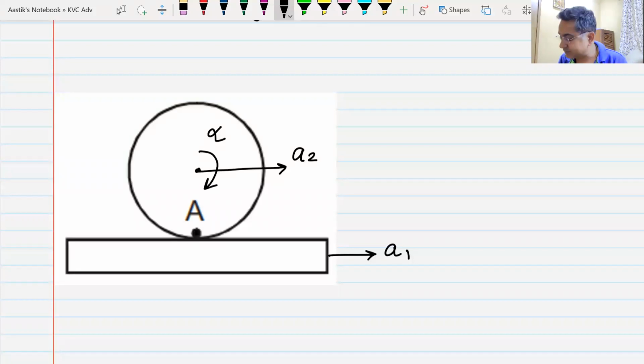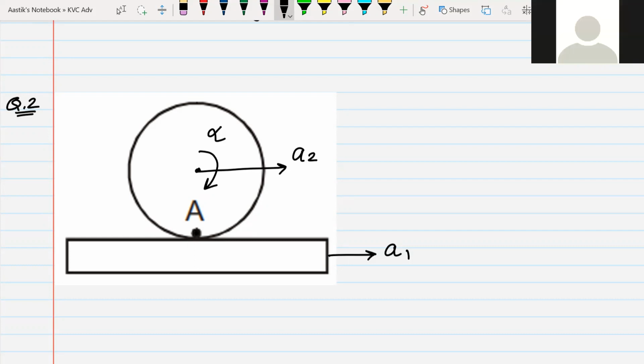This is the next question then. Again, this is a case of pure rolling without slipping. Can you find out the relation between A1, A2 and alpha? Is it possible for you to do this? You have 2 minutes to show me your talents, else I'll show mine.